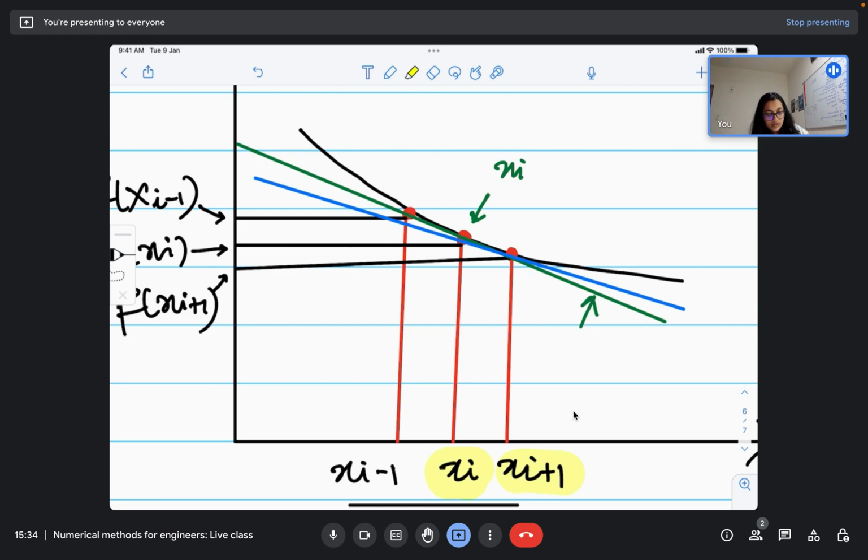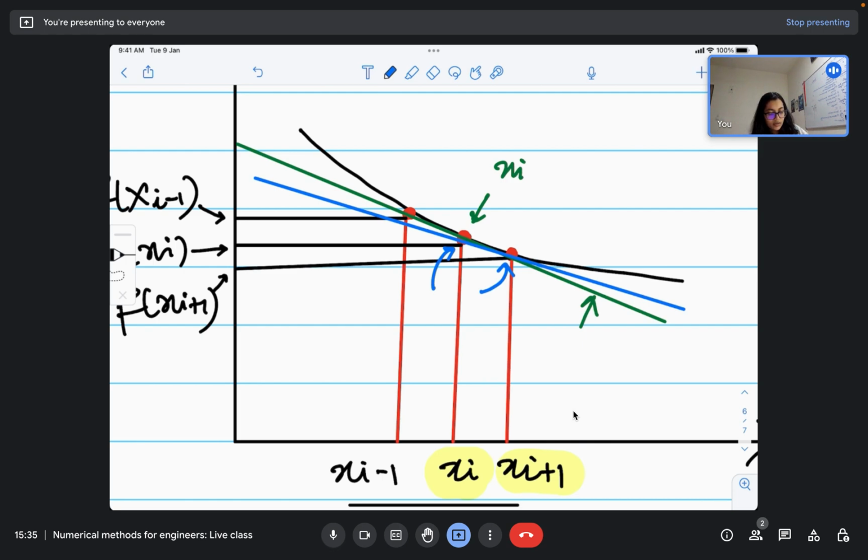So we again do the same and we just connect these 2 points and extend it in order to find out the slope.